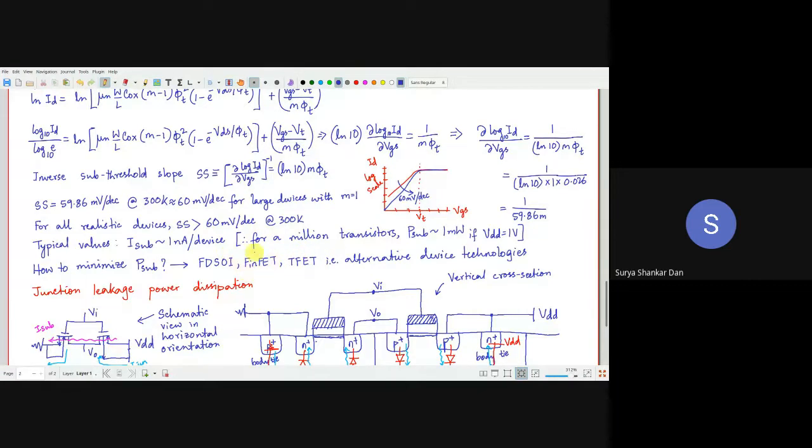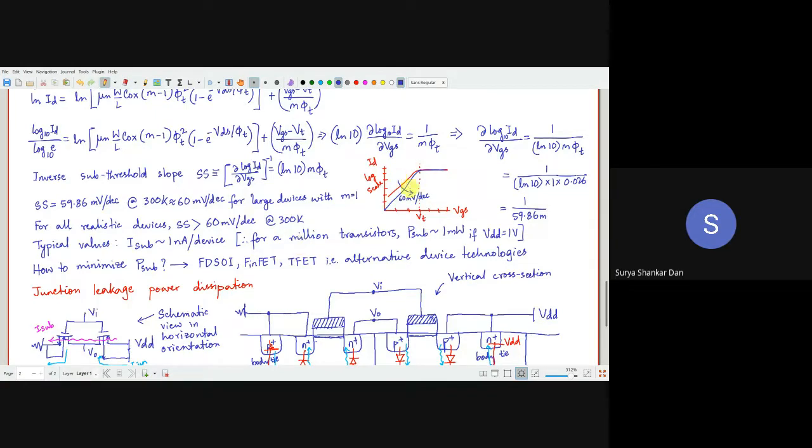So this FinFET is basically a 3D structure, and in FinFET you will invariably be getting around 60 millivolt or slightly lesser, like 55 millivolt per decade instead of 60. But that slope is not controllable. You cannot control it. That is controllable in this TFET technology. That's why TFET is something which industry is very much interested in.